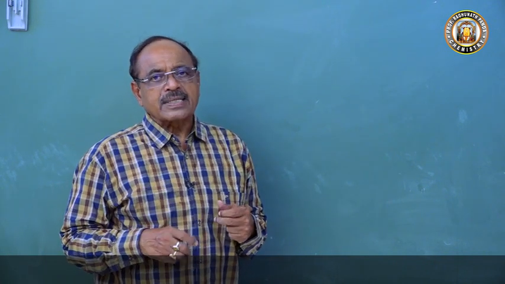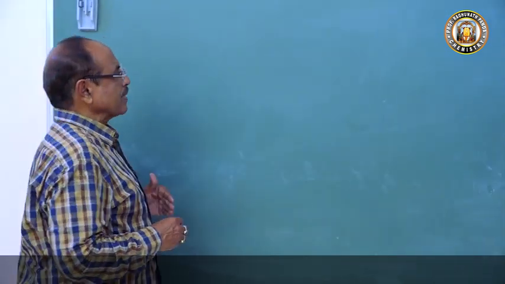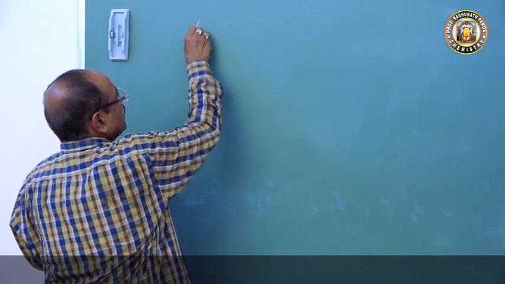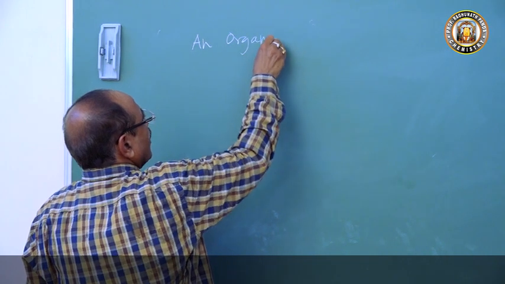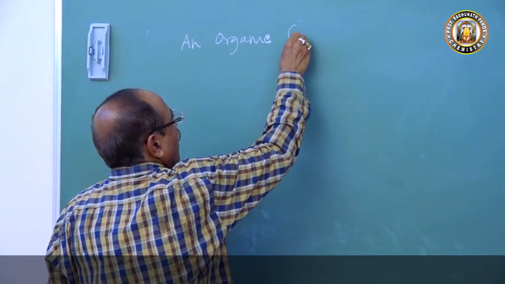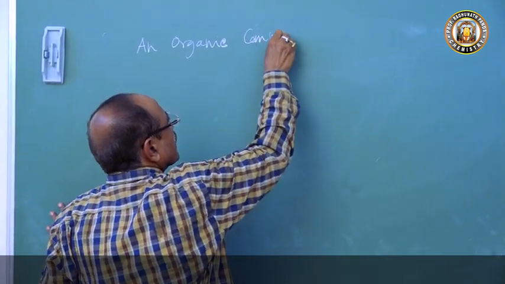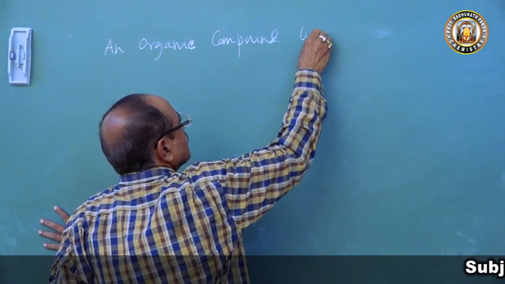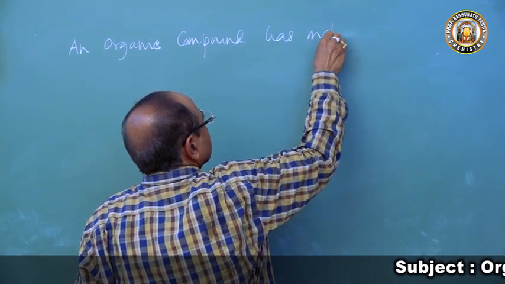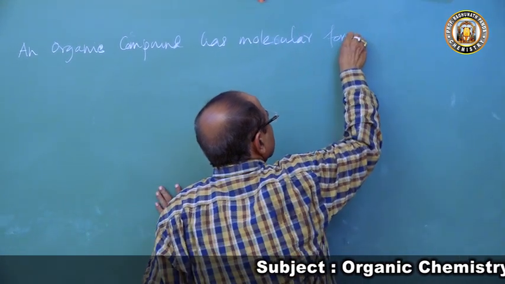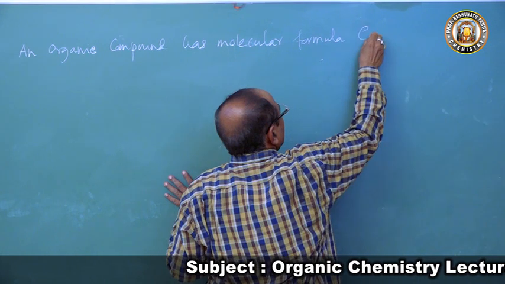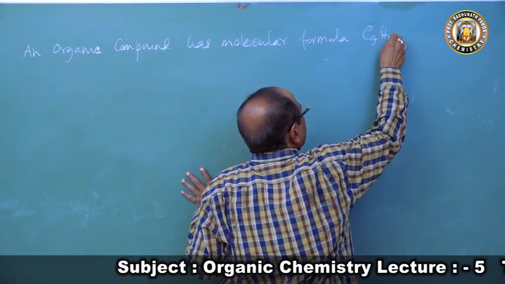So now let's come to the fourth example. Another example I am taking as an organic compound. See, this is a general question for the 12th class board exam: An organic compound has molecular formula C4H10O.